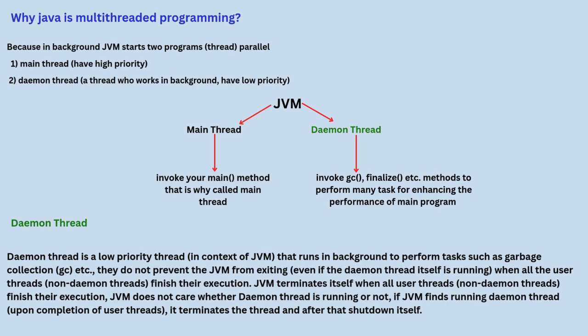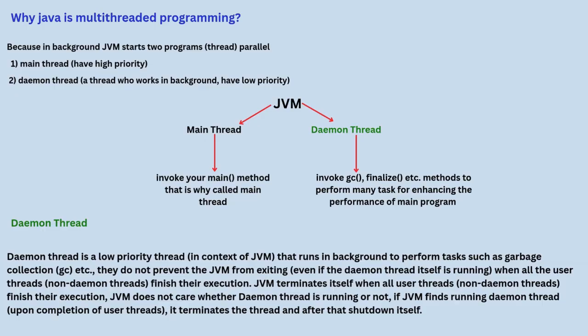etc. They do not prevent the JVM from executing even if a daemon thread itself is running. When all user threads, non-daemon threads, the main thread, finish their execution, the JVM terminates itself.